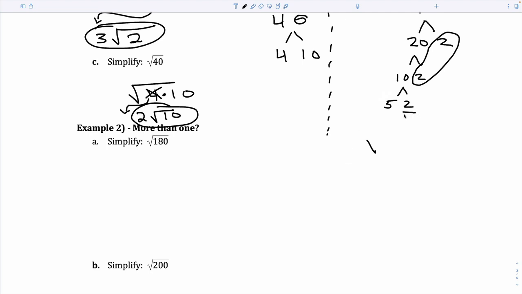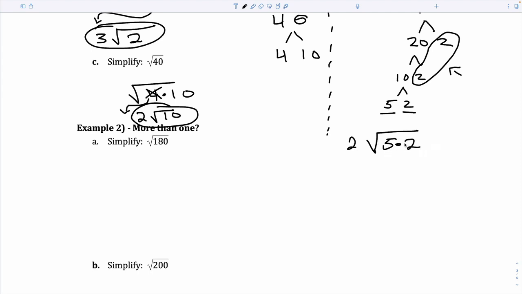And then I have 1 2 and 1 5. What's the only number I can take out of the square root? I can take out 1 2. One of these 2's can go outside. Can the 5 or the other 2 go outside? No, that's not a double number that repeats, so it goes inside.